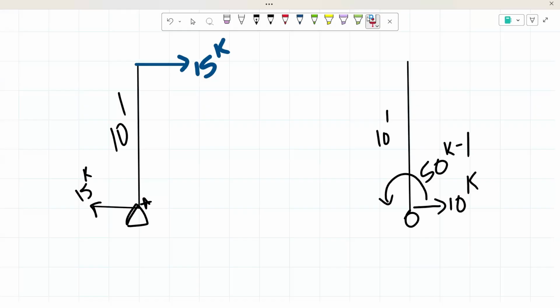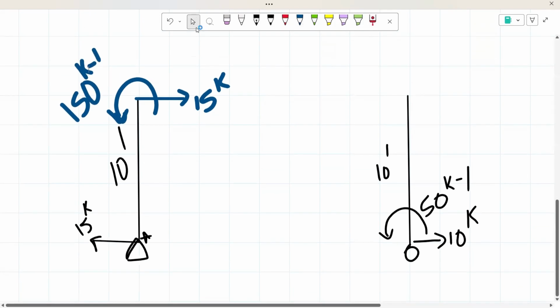So we know that the moment of a couple is equal to the force times the distance. So that means we would have a moment going counterclockwise of 150 kip feet. And now, like that, this part of the beam is balanced out. So now we could proceed.